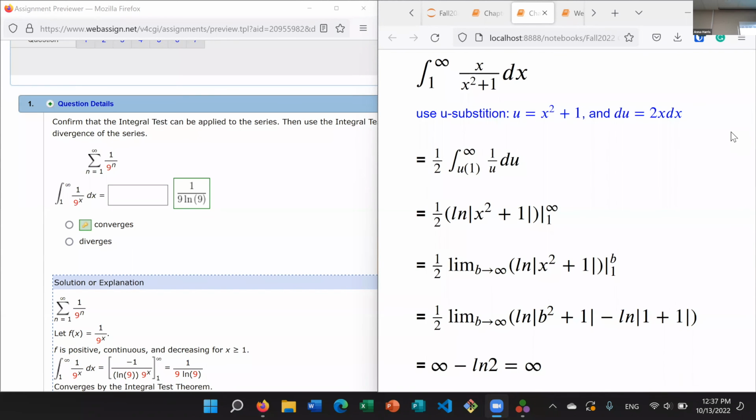Then you go to x squared plus 1. I'm replacing x with b: natural log of b squared plus 1, minus natural log of 1 plus 1. The lower limit is 1, so this is no big deal. Natural log of 1 plus 1 is simply natural log of 2. Natural log of b squared plus 1 is just a huge number, right?